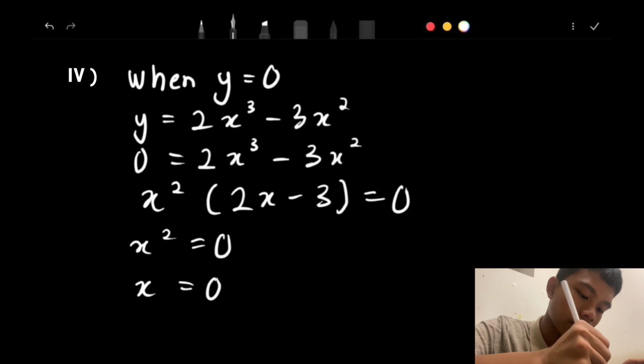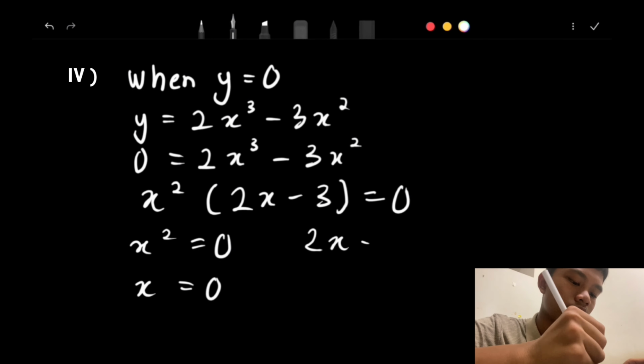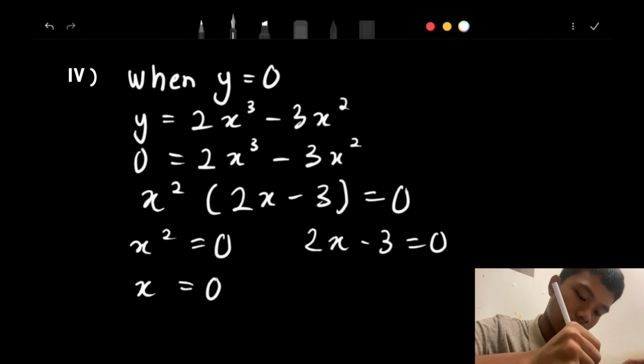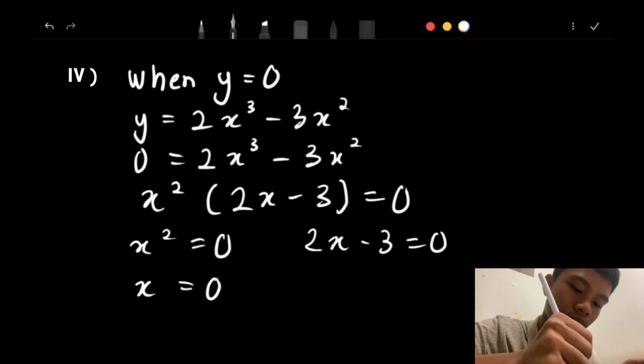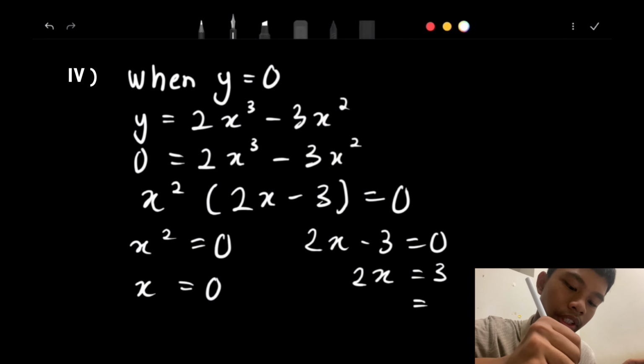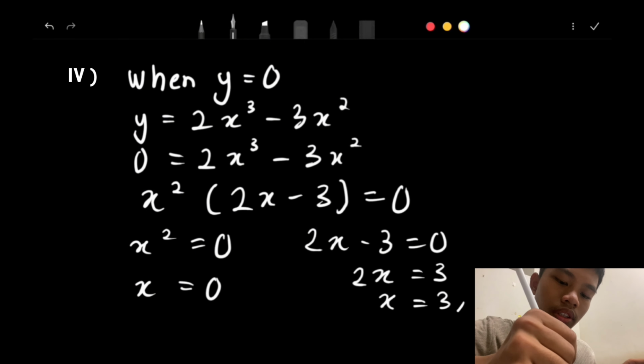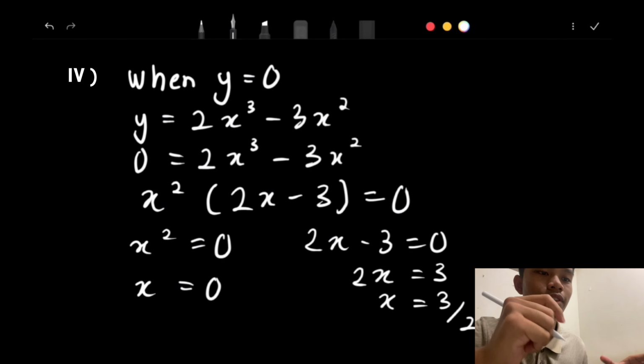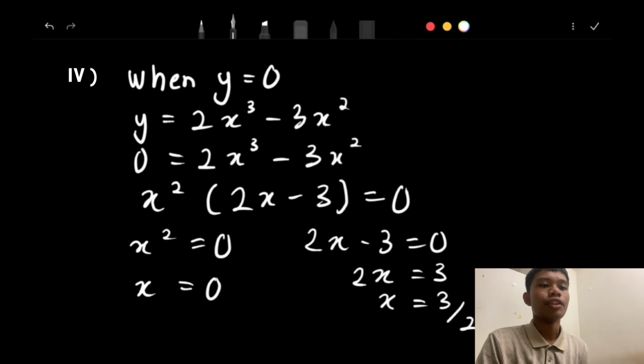The second x is, 2x minus 3 equals 0, so 2x equals 3. So x will be 3 over 2, or 1.5. The intercept points are (0, 0) and (1.5, 0).